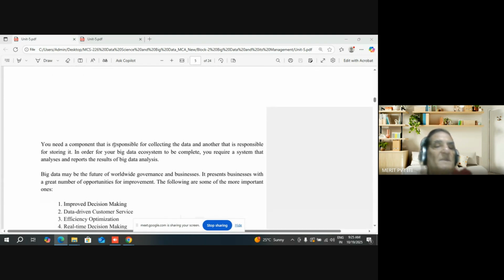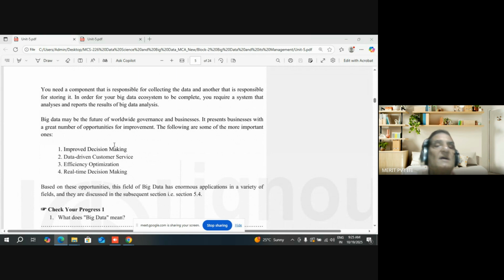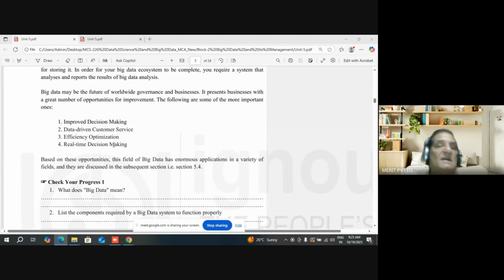So you need a component that is responsible for collecting the data. Big data may be the future of worldwide governance and business: improved decision making, data-driven customer services, efficiency optimization, real-time decision making.